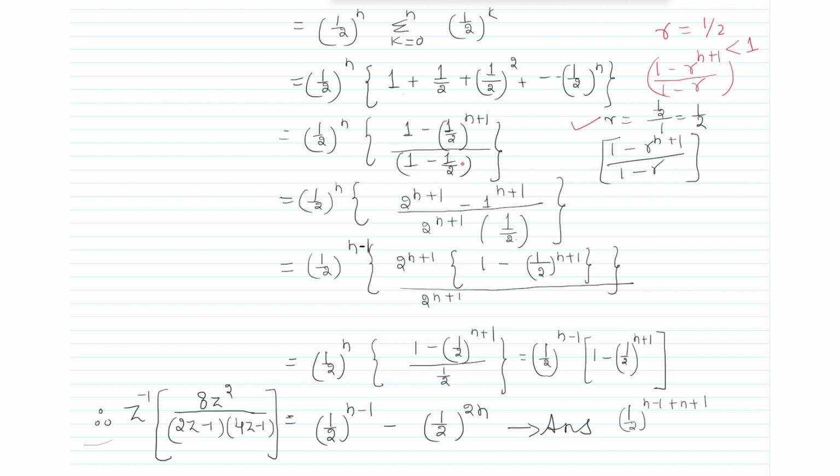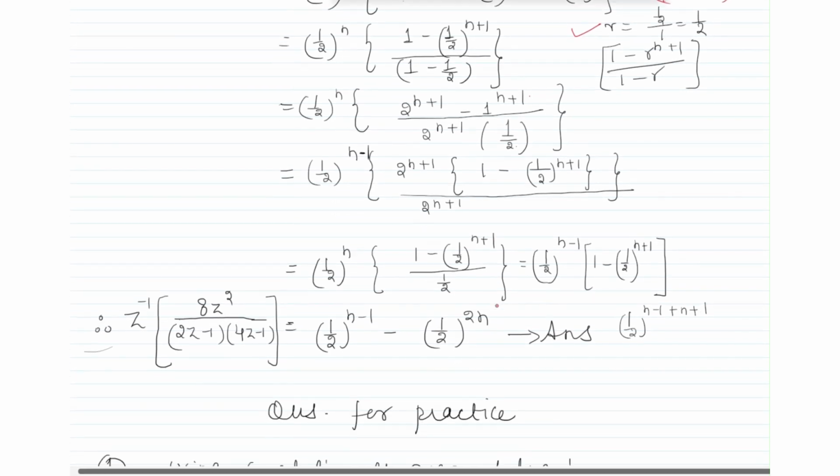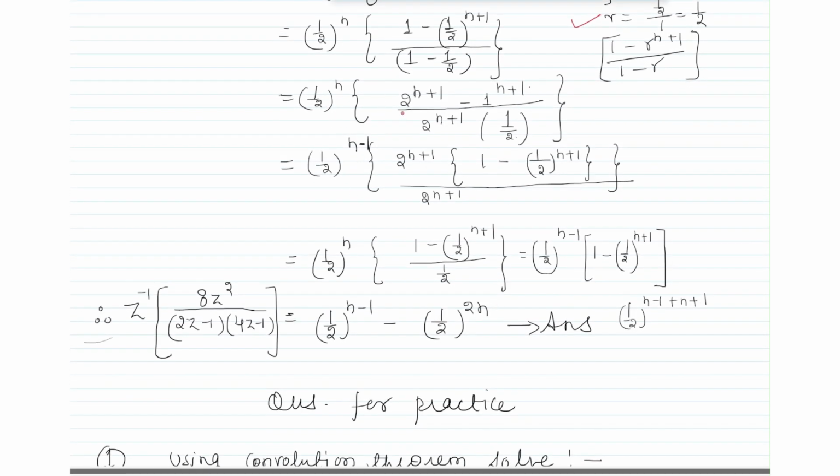Solving this completely, this to the power n plus 1, I'm taking LCM. So we'll get this value, and 1 minus half is half. Solving this further, this half we can write as half to the power n minus 1, and to the power n plus 1, and taking common. After cancelling, we have this final result.